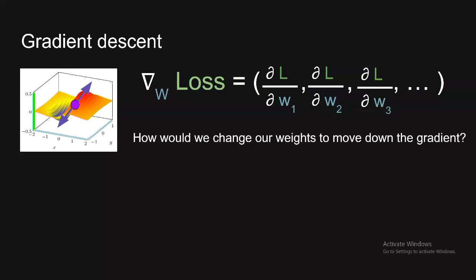So if we have our gradient here, what would we do to the weights to move down the gradient? Anyone? Give you a second to think.